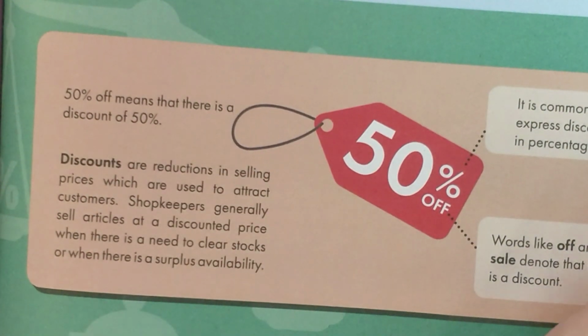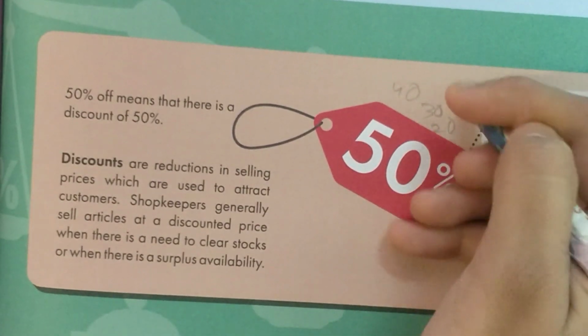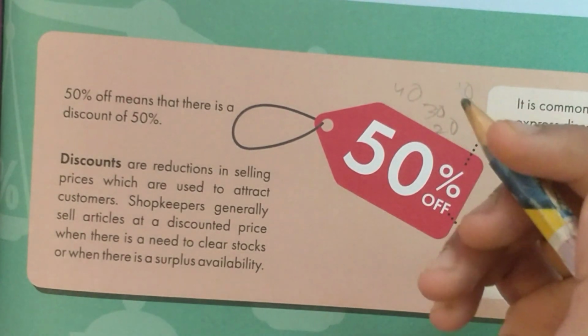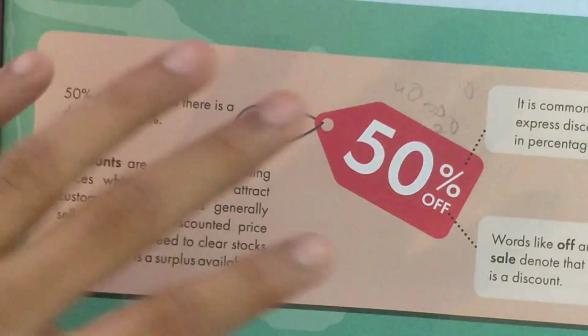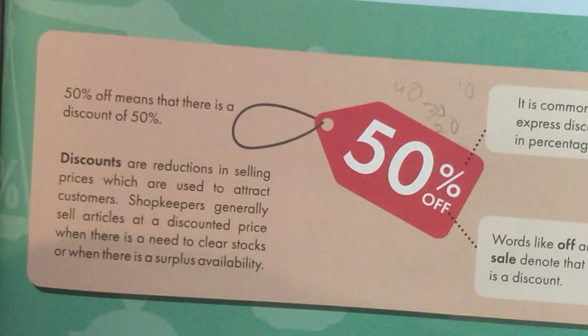You would definitely have seen this tag somewhere. 50% off means that there is a discount of 50%. It may be 40%, 30%, 20%, or 10% too. And off means that there is a discount. Discounts are reductions on selling prices which are used to attract customers. Shopkeepers generally sell articles at a discounted price, when there is a need to clear stock, or when items are too old to be kept in stock.